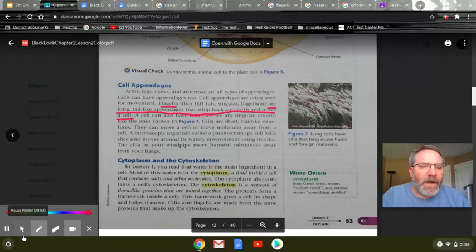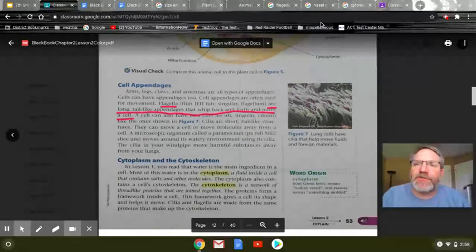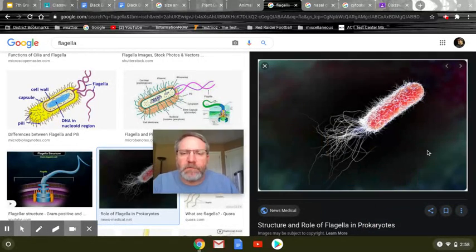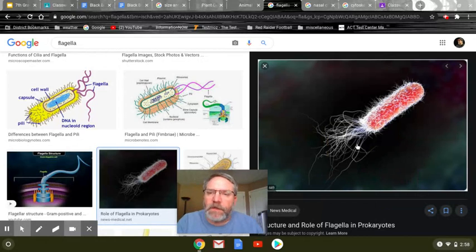All right, so what is an appendage? Well, if you look at this picture right here, this is not me. This right here is flagella, and this is a bacteria cell. What you're looking at is the flagella that are hanging out of its backside.